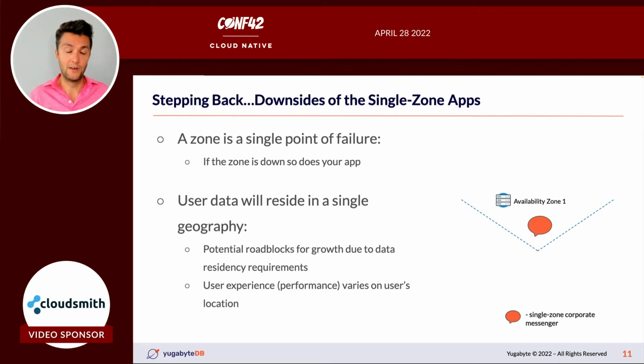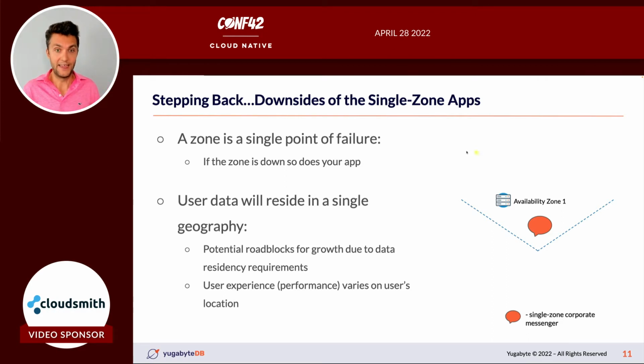That's actually the default deployment mode and configuration for most applications. And what are the downsides? If the zone goes down, so does your application. Your messenger becomes unavailable. Your users will be disappointed, at least. Some of them will never return if the outage takes a lot of time to recover from.